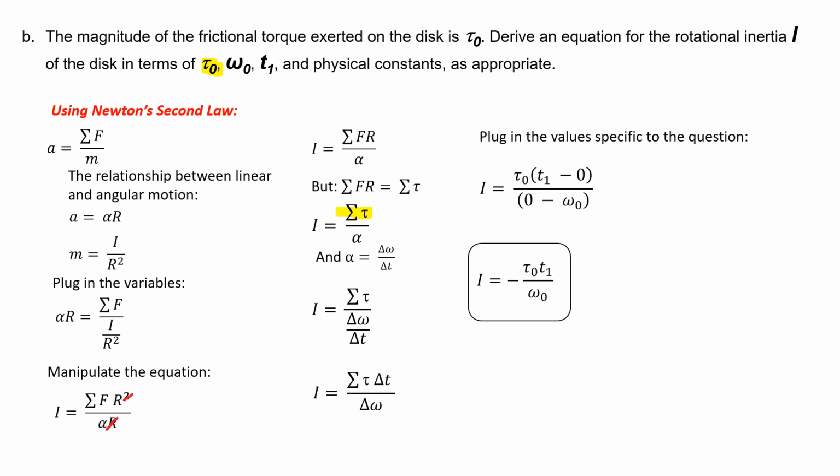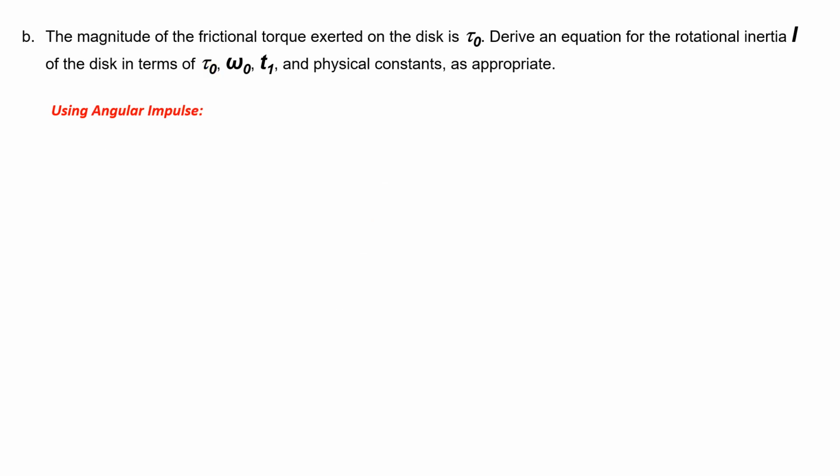You can use that solution, or you can also use the second one. But what if I didn't remember Newton's second law? There's another one using angular impulse. So angular impulse is simply the change in angular momentum, that's why it's called delta L, which is equivalent to, in linear, force times delta time. Since this is rotational, that is torque times delta time, or the change in time.